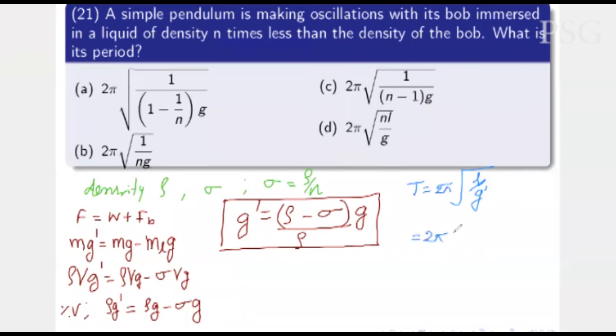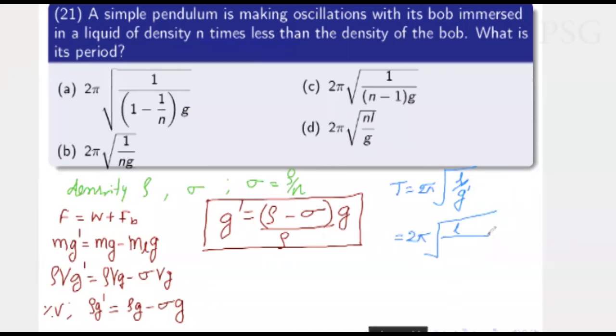So I can write 2 pi into root L divided by g prime, which is g into rho minus sigma whole divided by rho, or you can also write 2 pi into root of L by g into, so what happens here, rho by rho will be 1 minus sigma by rho, but it is given that sigma is rho by n, substitute that value.